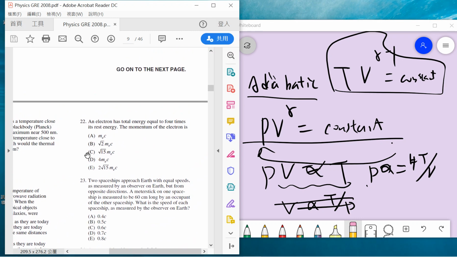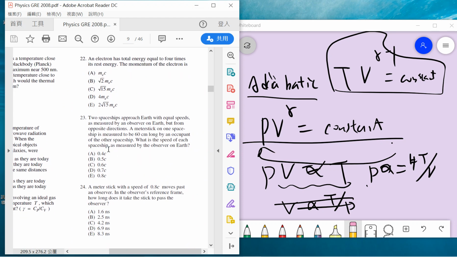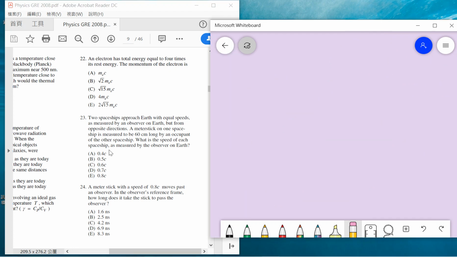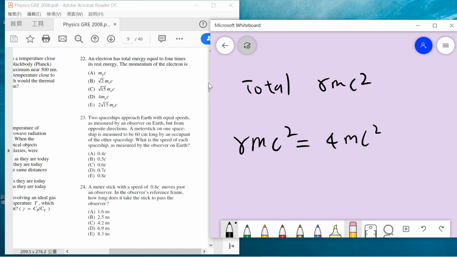Okay, 22. An electron has total energy 4 times its rest energy. So the total energy is standard special relativity, gamma m c squared, right? So gamma m c squared is 4 m c squared. So gamma is 4, which means 1 over the square root of 1 minus v squared over c squared is 4.